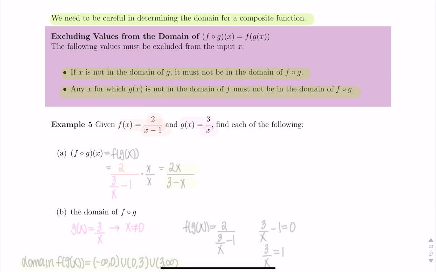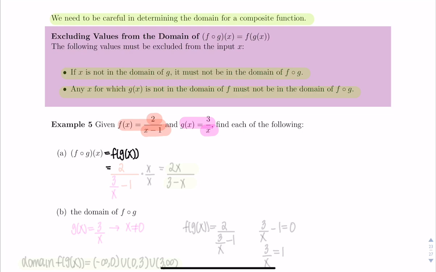So let's go ahead and try this with f of x equals 2 over x minus 1, and let's try it with g of x equals 3 over x. So let's do f of g of x first. So I'm plugging g of x into f of x.